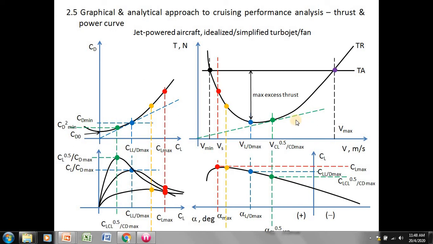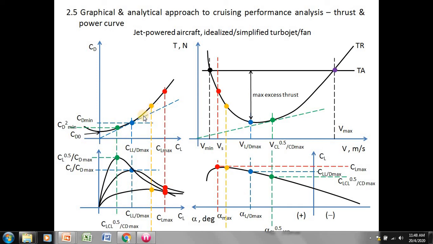So a few points. If you look on the left, the CD versus CL plot, you can see that of course at stall speed, your CL is maximum, and your CD is the highest. As you go faster, you will reduce your CL.